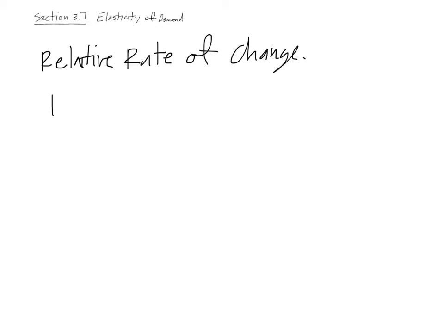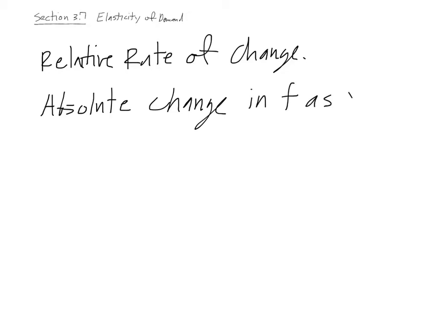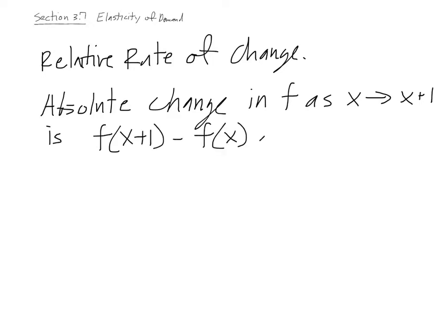So absolute change, the absolute change in f as x goes from x to x plus 1 is f of x plus 1 minus f of x, which we know can be approximated pretty well by f prime of x.